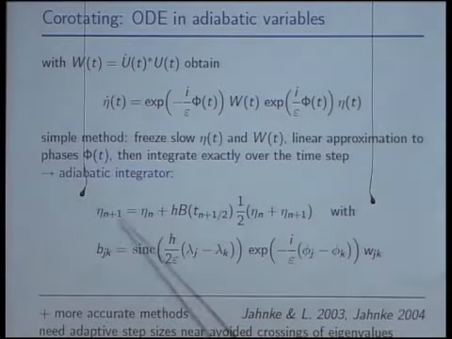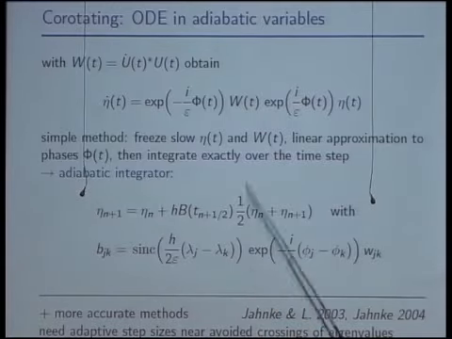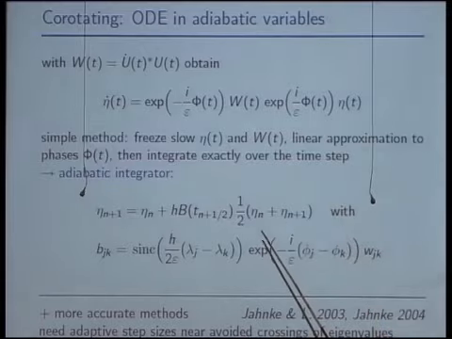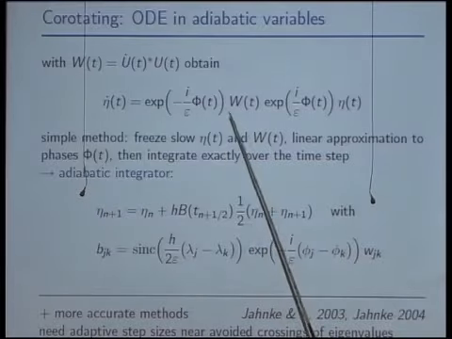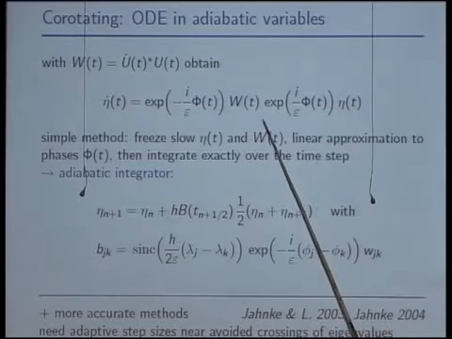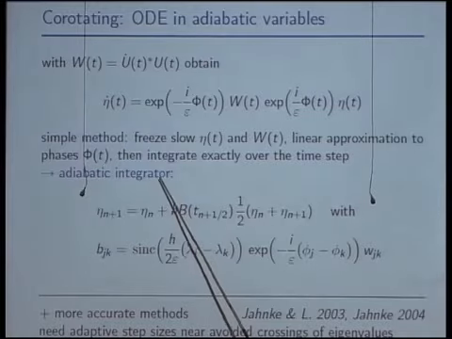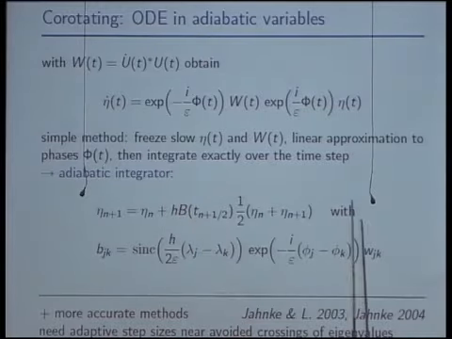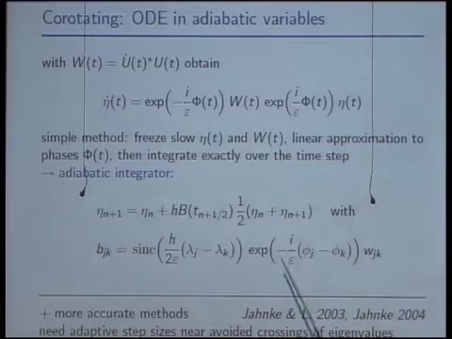Well, the method I've written down looks almost like the midpoint rule applied to the system. So if you omit the sinc function, then it will be just the standard midpoint rule corresponding to the system given here. And now this sinc function corresponds to the integration done here. So we take the average, not the point evaluation, and this leads to this mollifying sinc function given here.